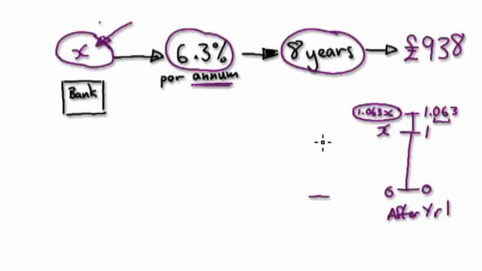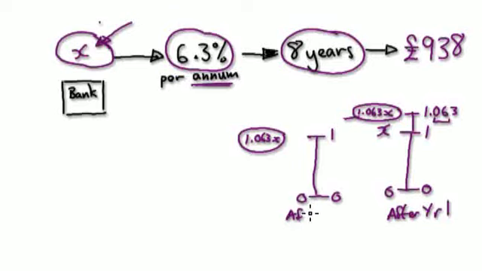So after year 2, at the start of year 2, this amount 1.063x would be a new original. Let me rub this off.